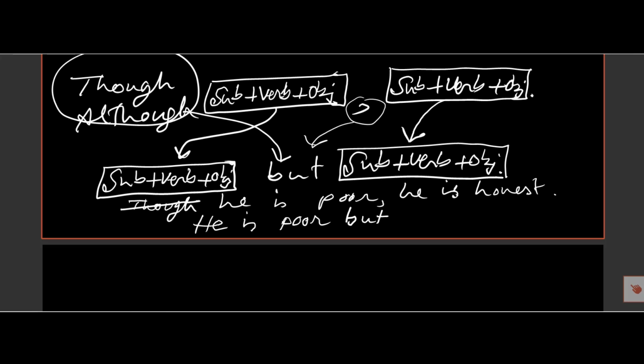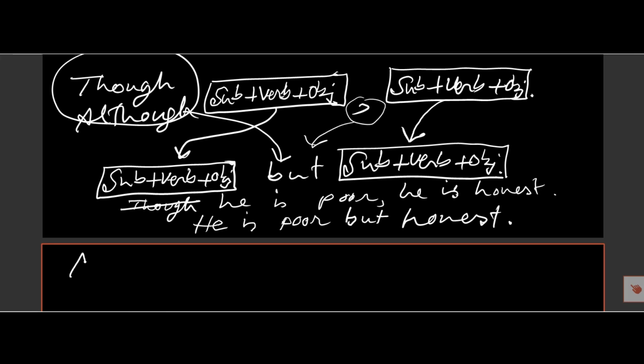We should remember, if the subject of the two parts is the same, we must not put the subject again, and if the verb is the same, we must write the adjective or other word which is opposite. So: he is poor but honest.